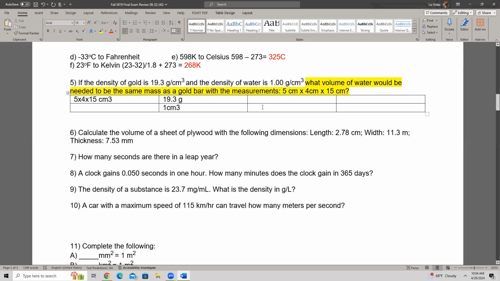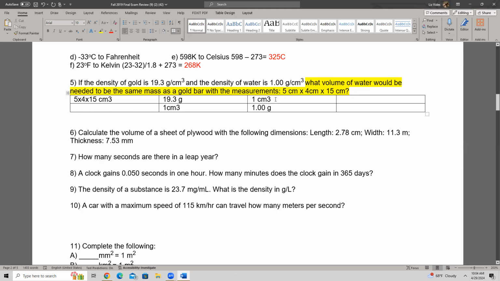All right, and now what we need to do is use the density of water to convert that volume that we just found to the volume of water. So basically it's a 1-to-1, but let's just pretend that we need to do it, which really we don't, but that's how it would go.